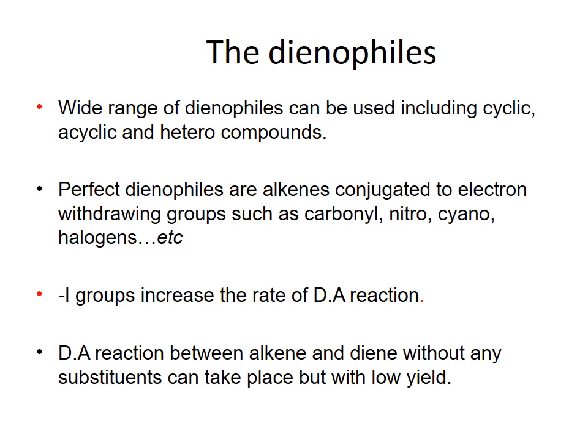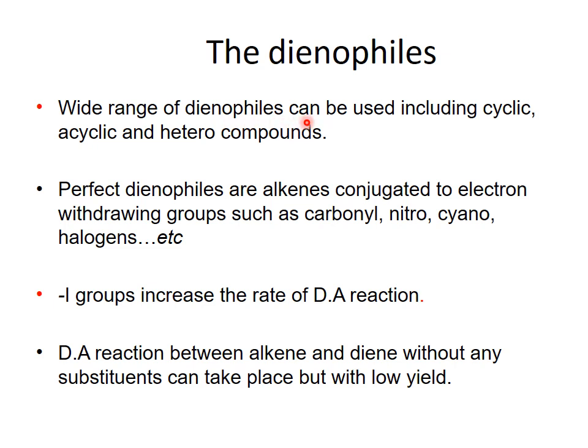The other coupling partner of the Diels-Alder reaction is the dienophile. A wide range of dienophiles can be used including cyclic, acyclic and hetero compounds. So the dienophile may be cyclic, may be acyclic, and may consist of hetero atoms in its molecule.